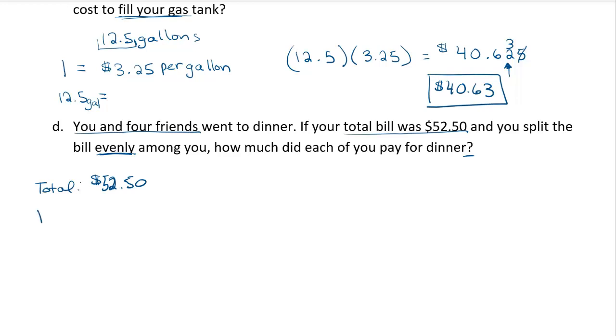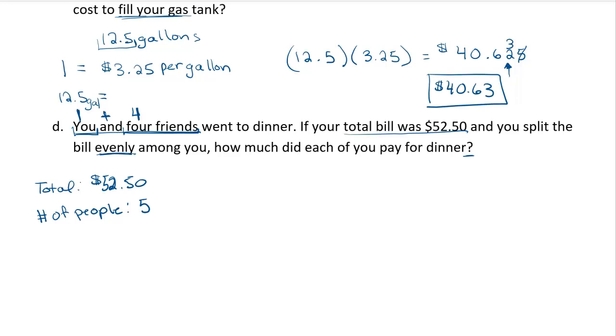Often there's a mistake when people do these. So number of people, because of how it's worded. It says you and 4 friends. Well, that's 1 person plus the 4 friends. So your number of people is actually 5. So be really careful, okay?